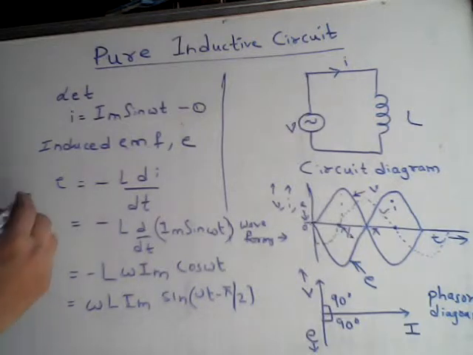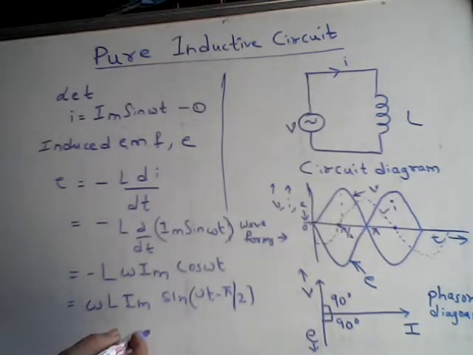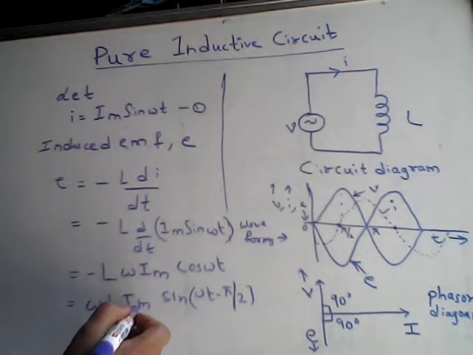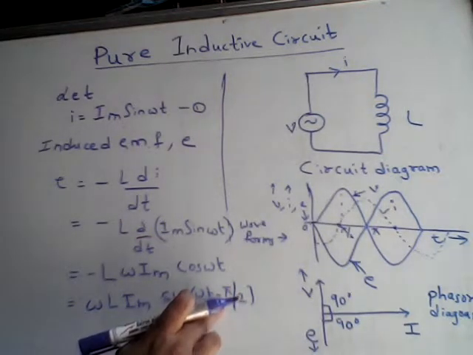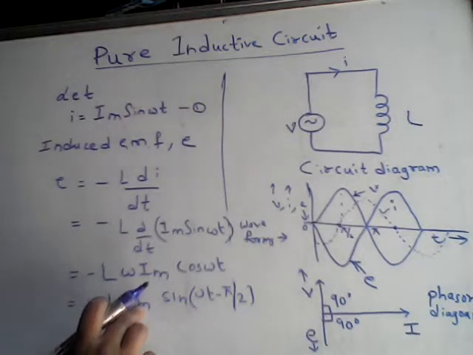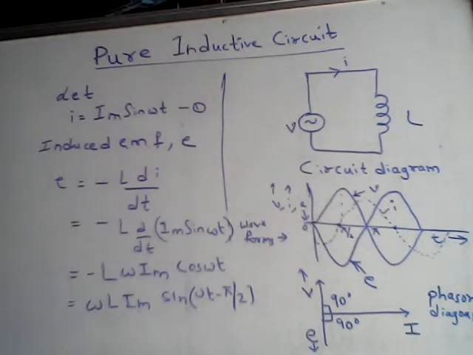And this shows that the induced EMF lags the current by 90 degrees. Minus indicates it is lagging behind the current by 90 degrees.